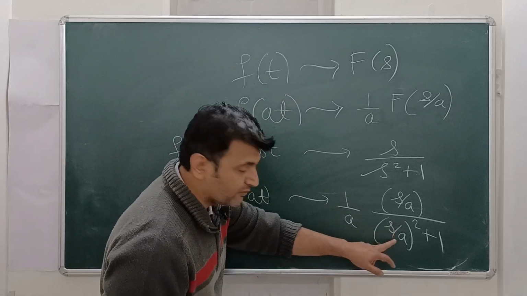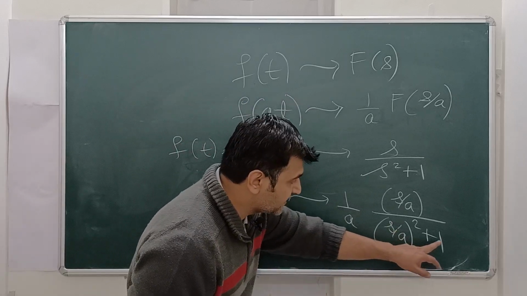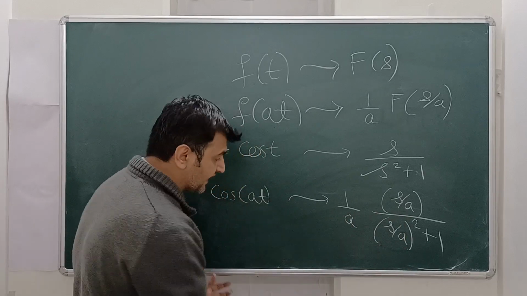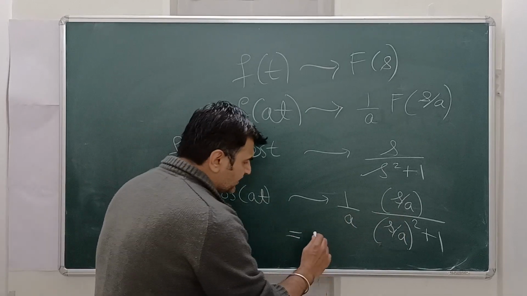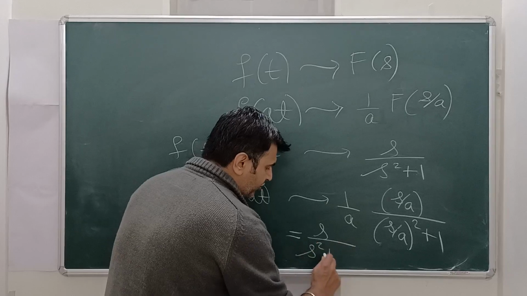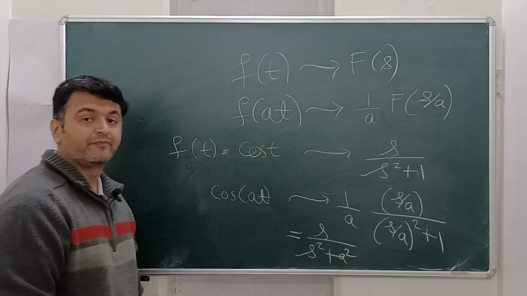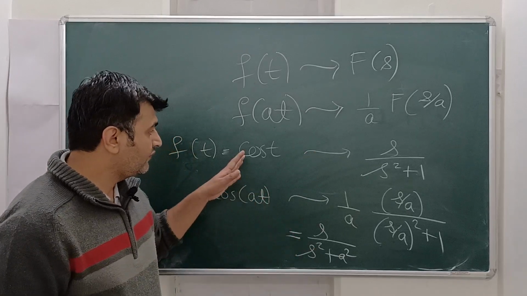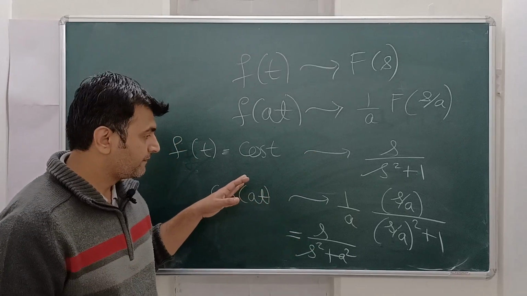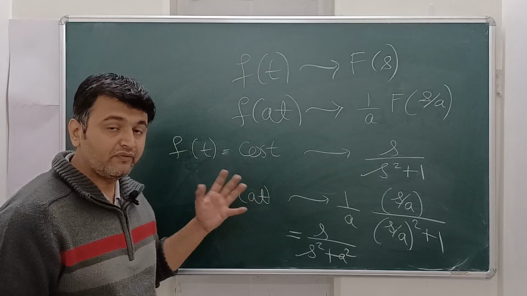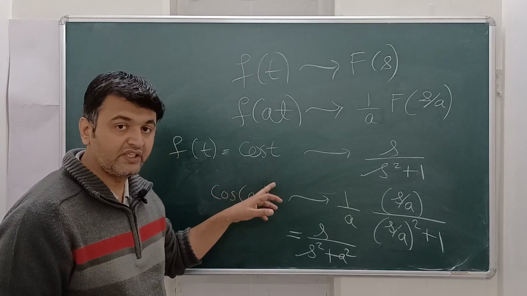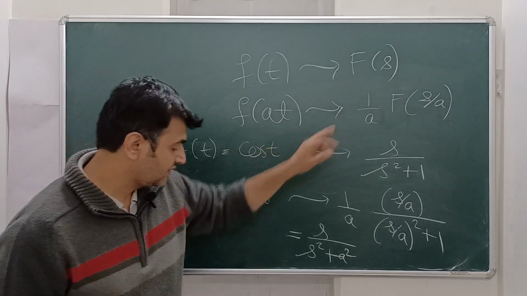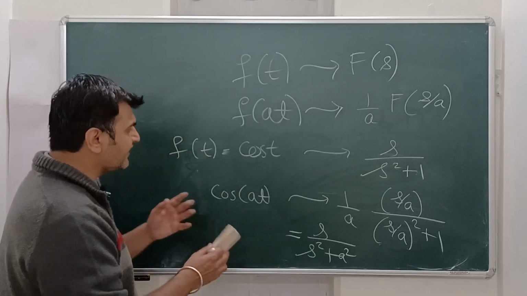You do this: s square upon a square, so s square plus a square upon a square, and this a square and this a square will get cancelled. You can do the calculation. The answer will be s upon s square plus a square. So that's how, if you know Laplace of a function, say f of t, then you can easily find the Laplace of f of at using this formula. It's a very nice formula.